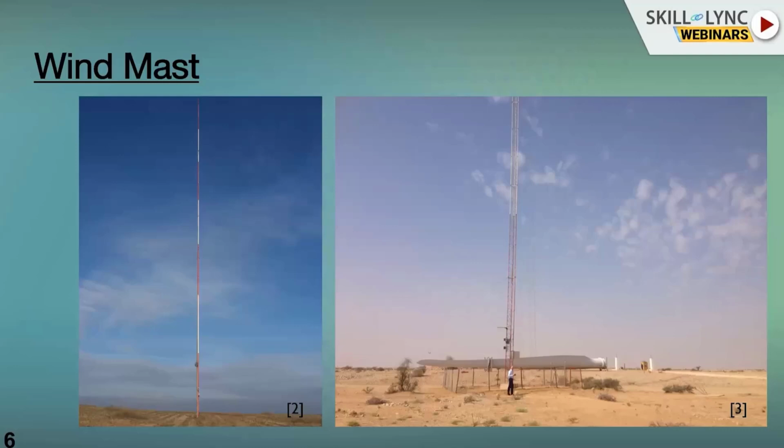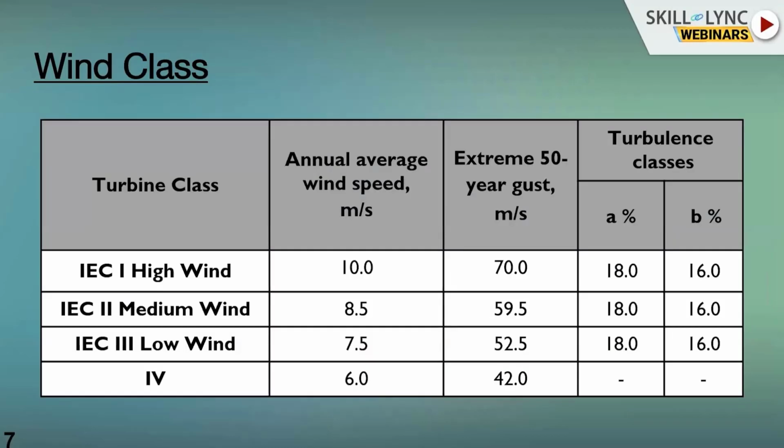After collecting this data, we have to analyze what the wind class is. As I said earlier, the IEC releases the standard, and they have specified the wind classes available throughout the globe. If the wind speed is more than 10 meters per second, it is a high wind class, called IEC 1.